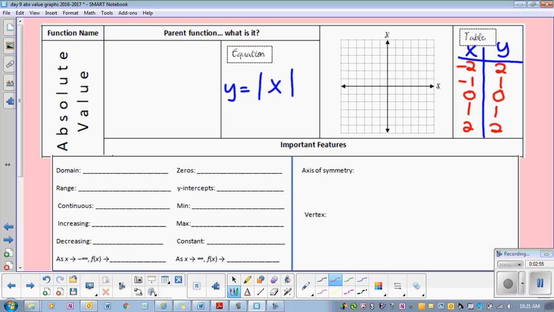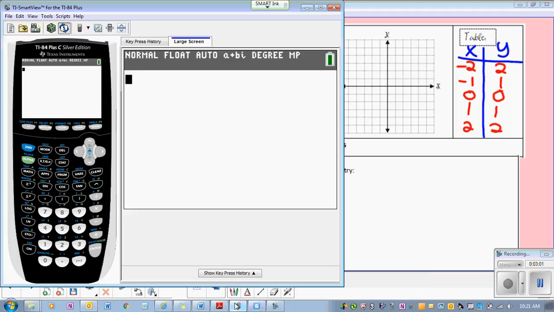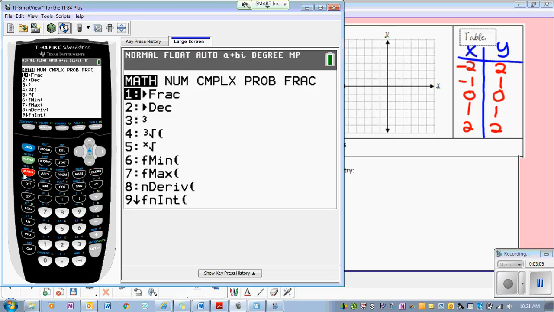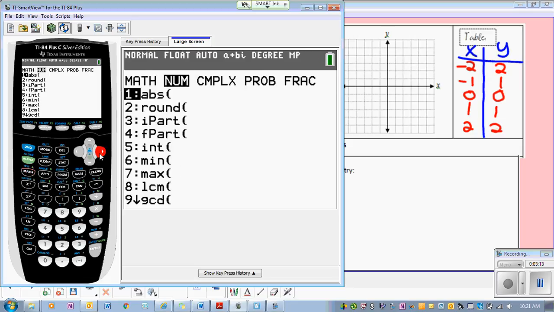And you know what? Everyone has a calculator, and you guys will always have access to a calculator. So let's take a look. Go to y equals, and let's go to math, tab to the right to go to number, and then let's hit abs. That's absolute value, right?